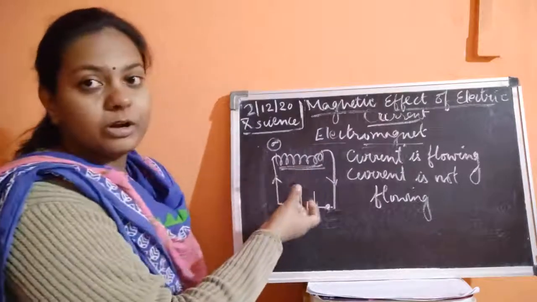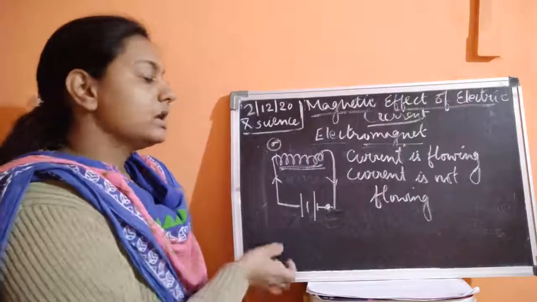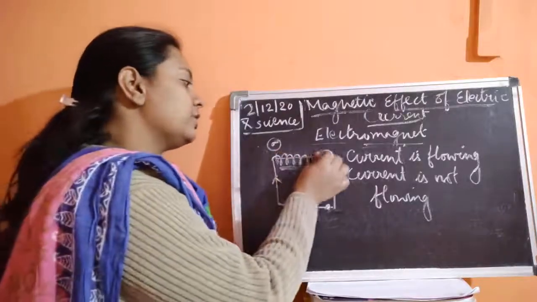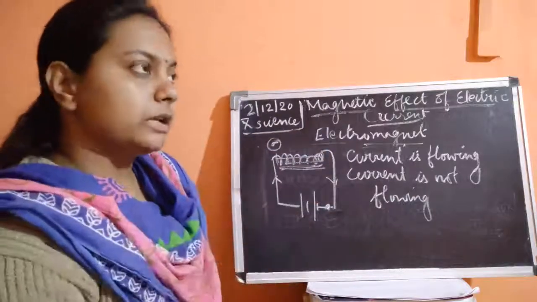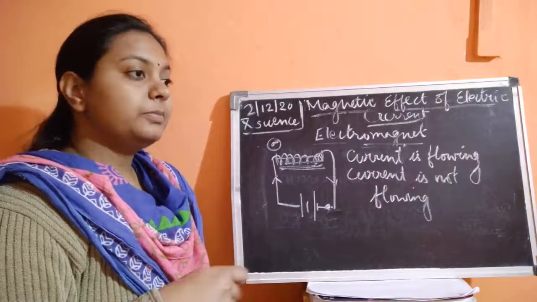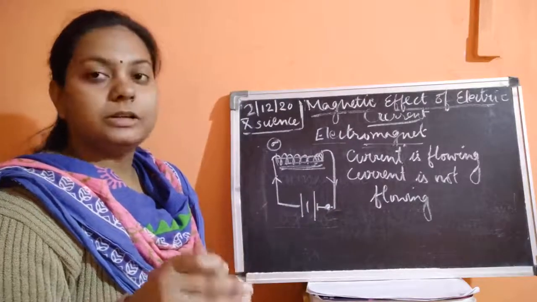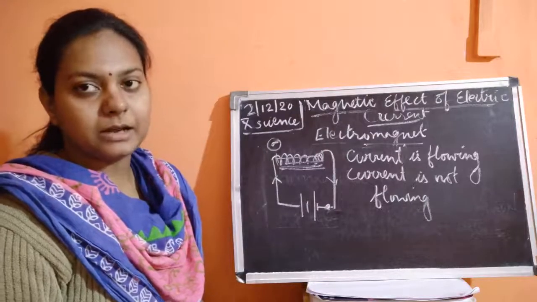An iron nail could be there, or a small piece of iron rod could also be placed. So if we place it inside this solenoid, around which we wrap the insulated copper wire, then after some time that iron object turns into a magnet and behaves as a magnet.